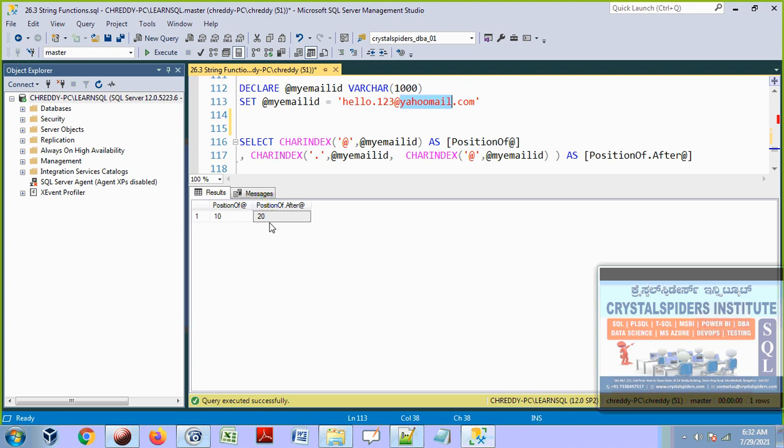But you have to do -1 again because it is including the dot symbol. So 20 minus 10, that will be 10, and again 10 minus 1, 9. So total 9 characters are there between at the rate and the dot symbol. You can count here in Yahoo Mail how many characters are there: 3, 6, 7, 8, 9. Guys, total 9 characters.